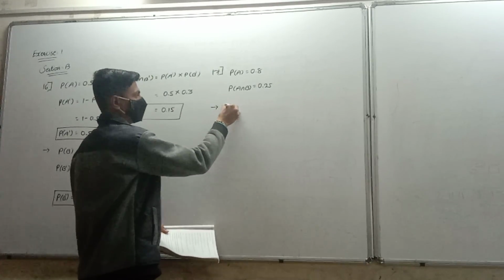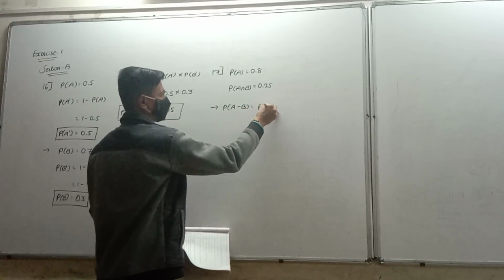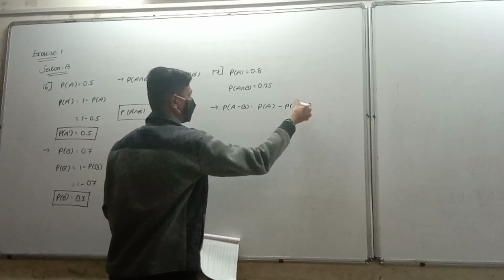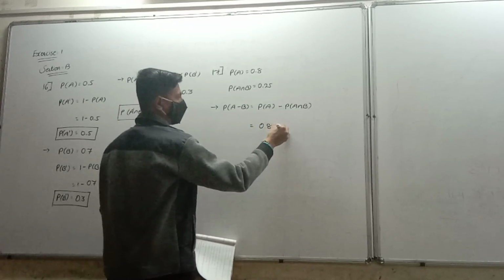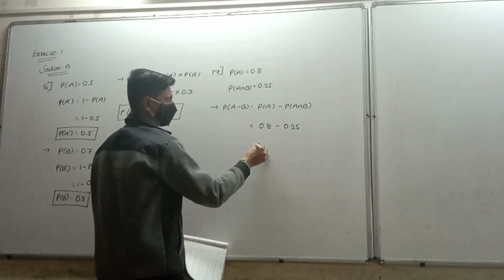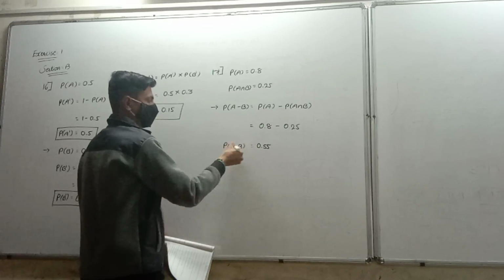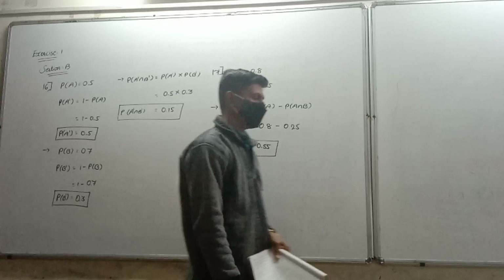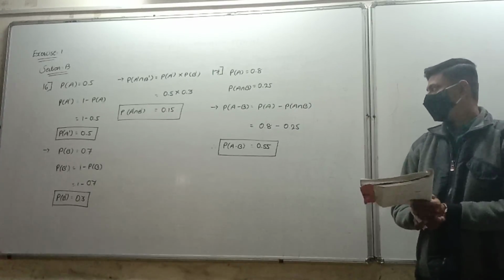So write down P of A different B is equal to P of A minus P of A intersection B, 0.8 minus 0.25, 0.55. Check it. Event A different B: event A happens, event B does not happen. Probability is 0.55.